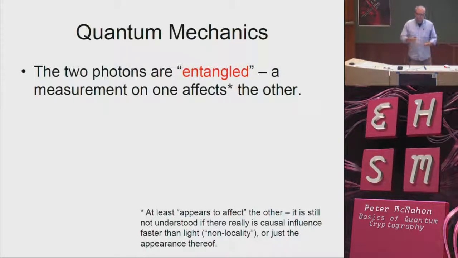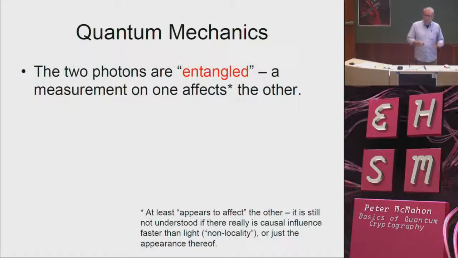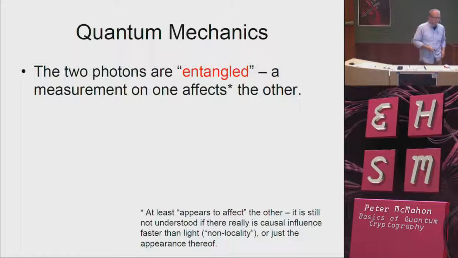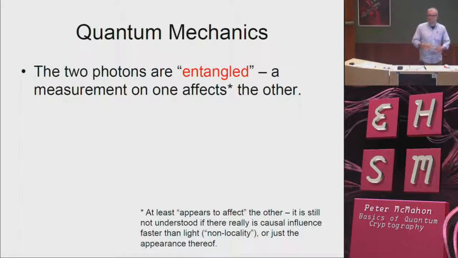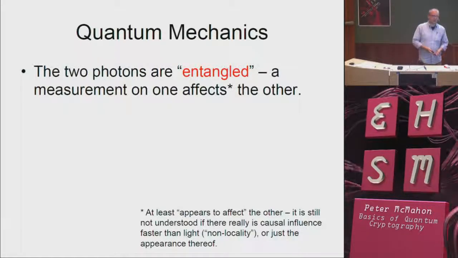So we say that this kind of state is one where the photons are entangled, and one of the features of an entangled state is that a measurement on one of the particles seems to affect the other particle. And people argue about whether it's really affecting it or whether there's some other sort of philosophical explanation for what's going on, but certainly it appears to affect it.